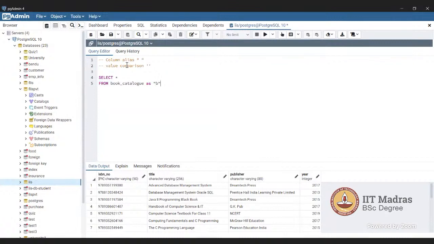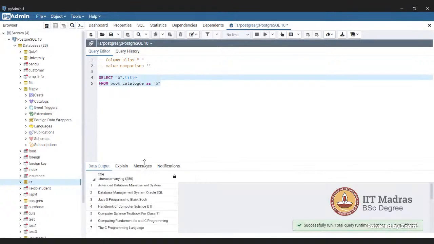For that I have to use the double quote. So you can check here: B dot title, right? This will work. For the column alias or the table alias, the double quote works.